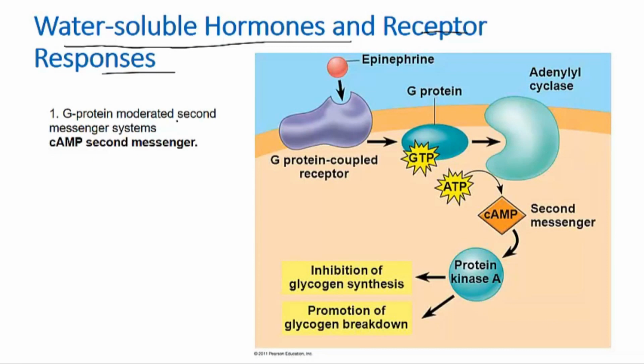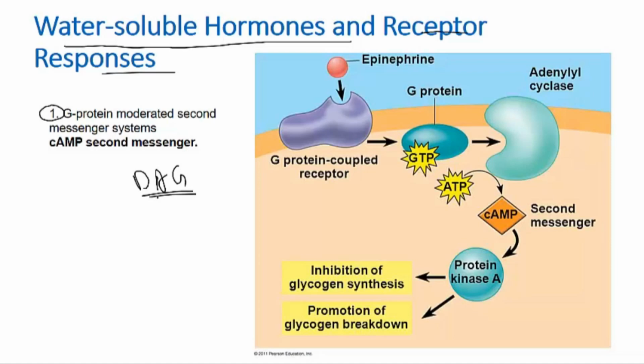They bind to the receptor on the outside of the cell, on the cell surface. There are two most common types of responses mediated by those water soluble hormones. One type of response is the G protein mediated response, where it activates the G protein, and cyclic AMP or DAG mediated signaling, which we will see in a moment.